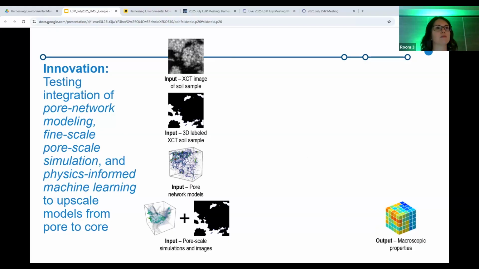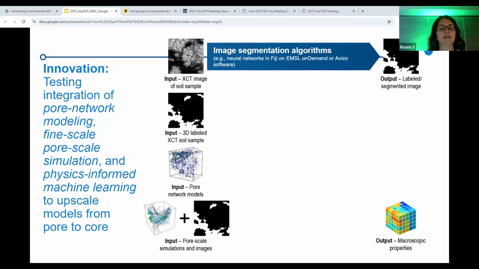So some of the areas where EMSL contributed their expertise to this project were the XCT experts that we have, which Sarah mentioned, who help to analyze and segment those 3D data from the XCT experiments.